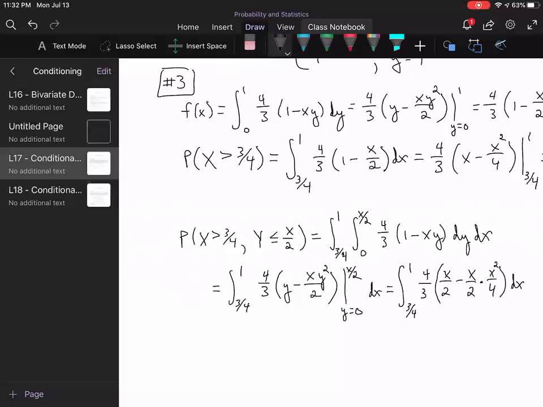And this simplifies a little bit. I'm going to multiply that 4 through in the numerator. So I'm going to have 1/3 times 2x minus 1/2 x cubed.